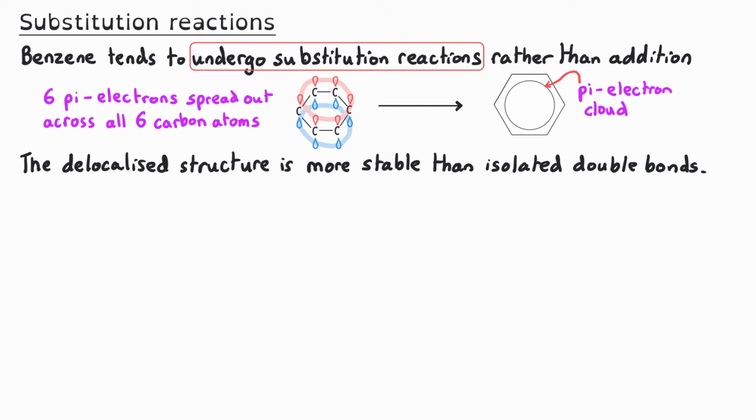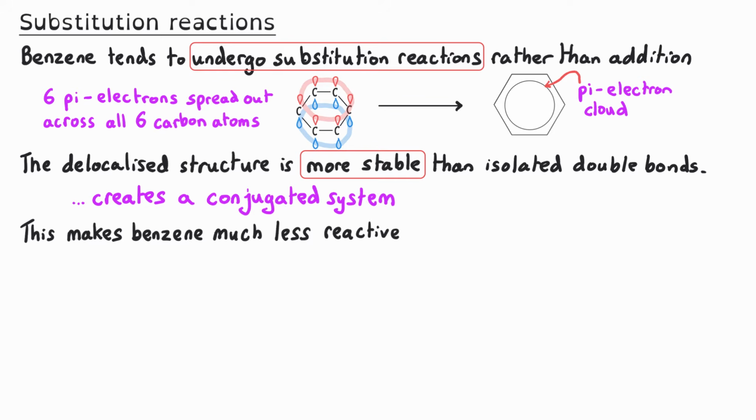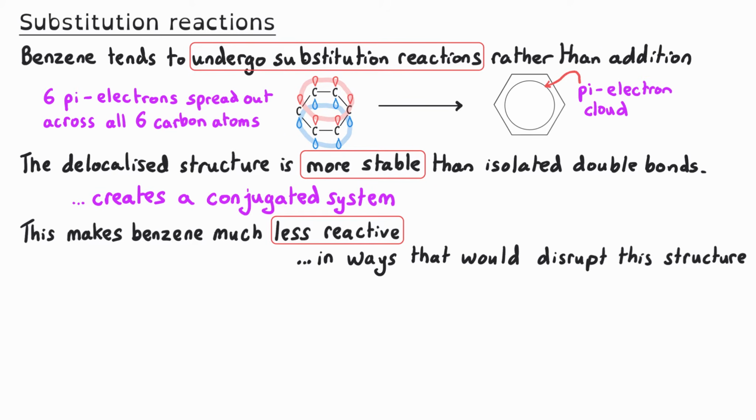And so the delocalised electron structure is more stable than isolated double bonds would be. And it creates something known as a conjugated system. And this makes benzene much less reactive, specifically in ways that would disrupt this delocalised electron structure.